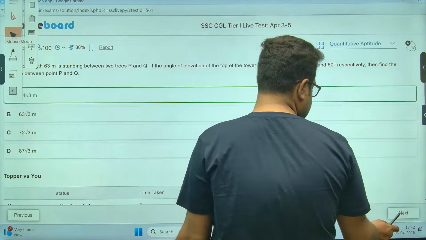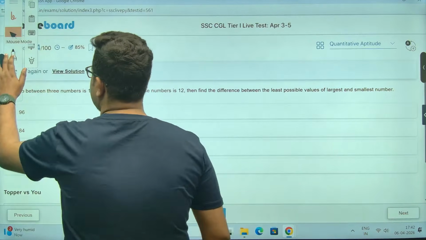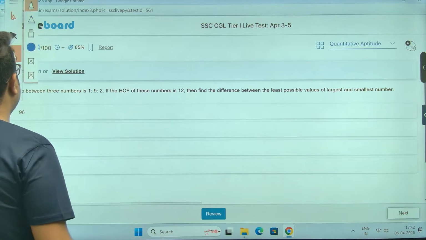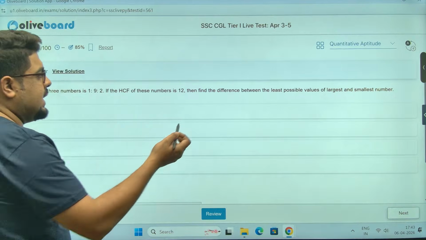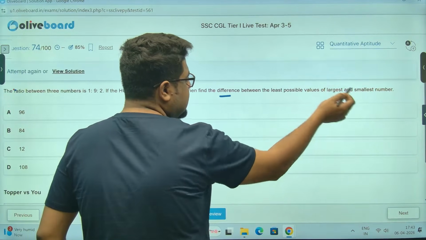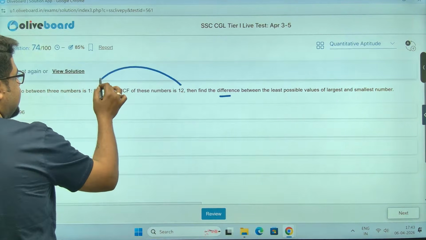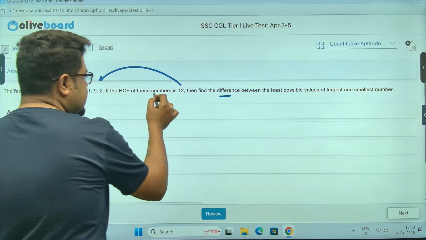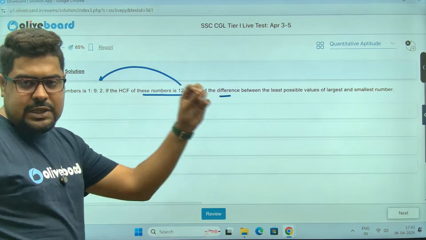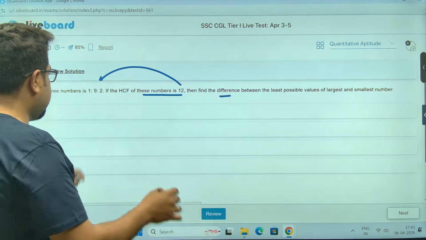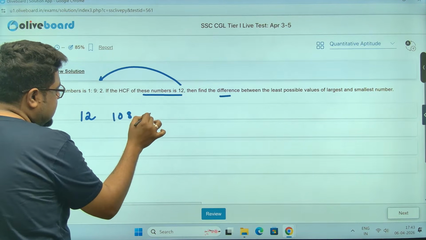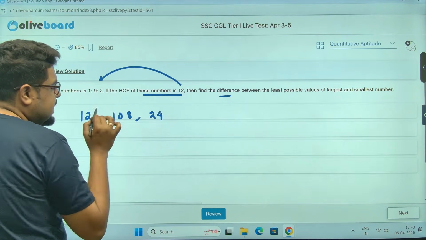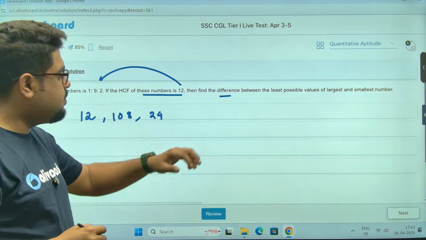Last couple. The ratio between three numbers is given, and the HCF is given. The least possible value, the difference between, sir, that means put the HCF. So the numbers, because the HCF is the least possible factor, if I put it, it will be 12 nines are 108, 12 twos are 24. These are the least possible values of the numbers.